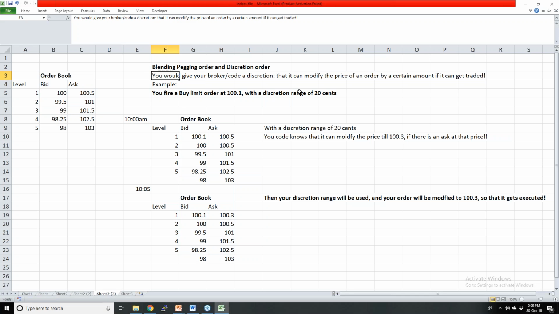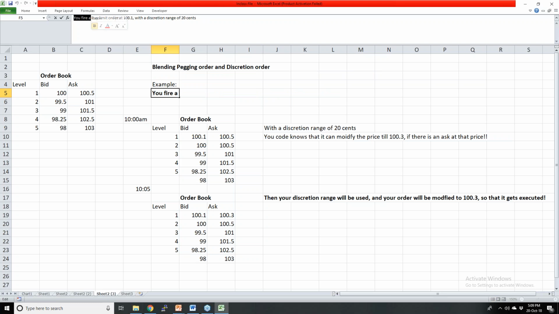What you will do is peg my buy limit order at best bid plus 5 cents, and I will have a discretion range of 20 cents, right? Or best bid plus 10 cents, and a discretion range of 20 cents, right?